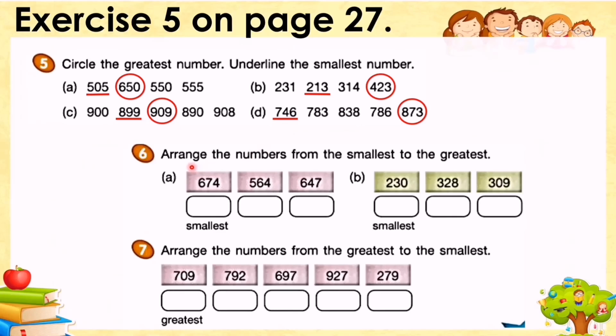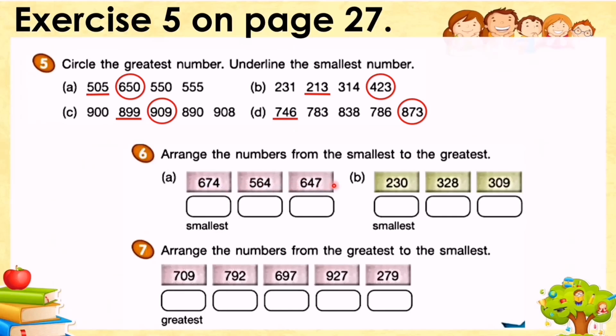Okay. So number 6. You will arrange the numbers from the smallest to the greatest. So you will first write the smallest number here in the box. Okay, so we have here the numbers 674, 564, and 647.